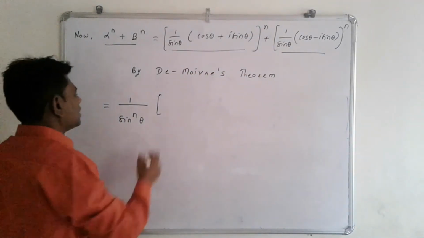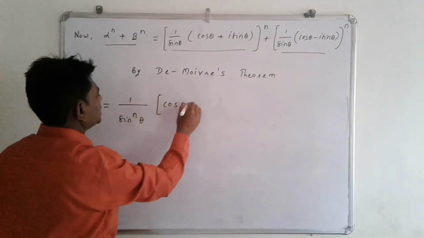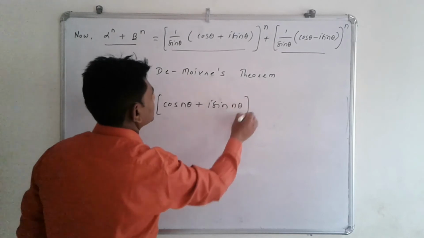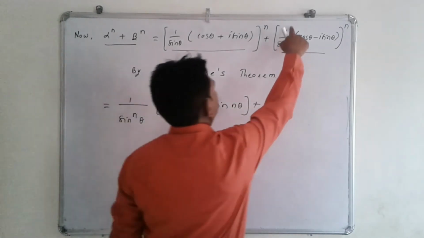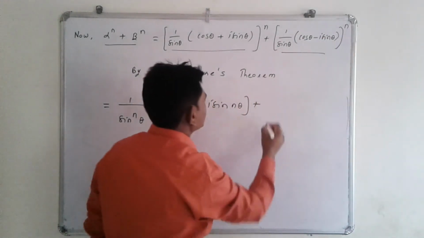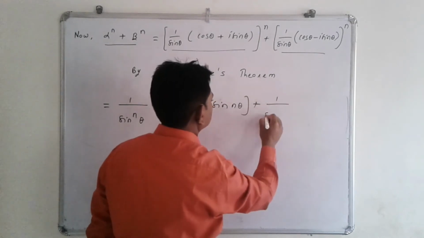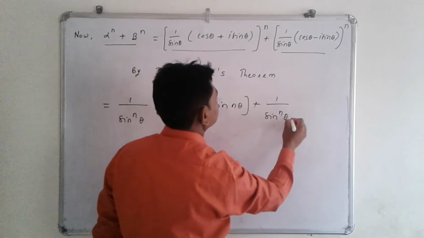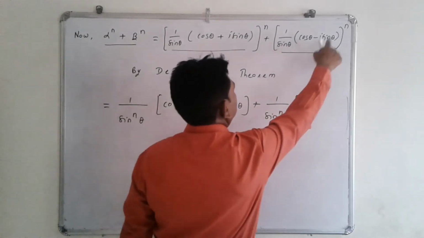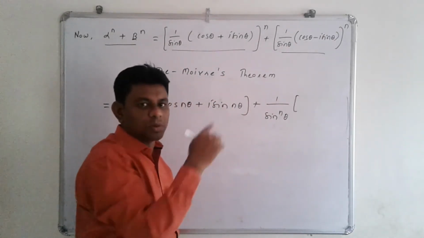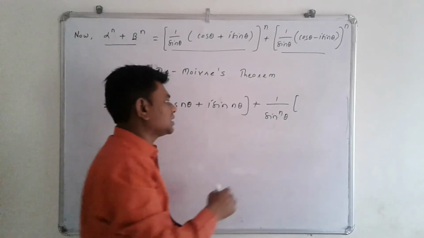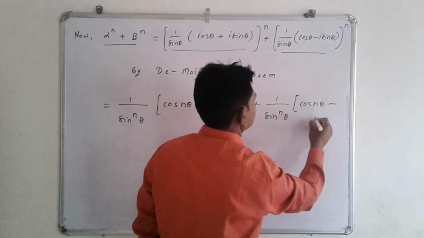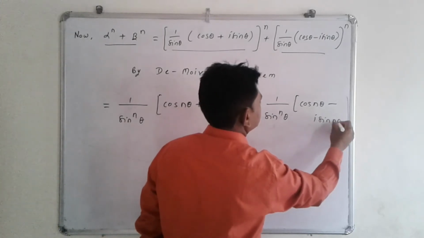By applying De Moivre's theorem, answer is cos n theta plus i sin n theta. Similarly, 1 upon sin theta to the power n times cos theta minus i sin theta to the power n, by using De Moivre's theorem, answer is cos n theta minus i sin n theta.